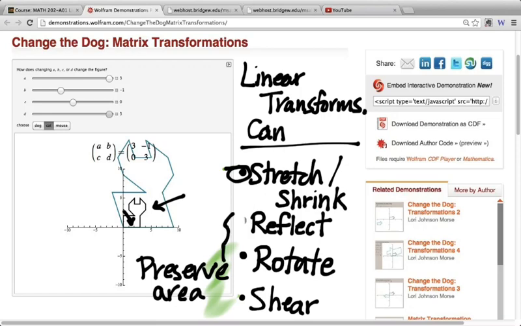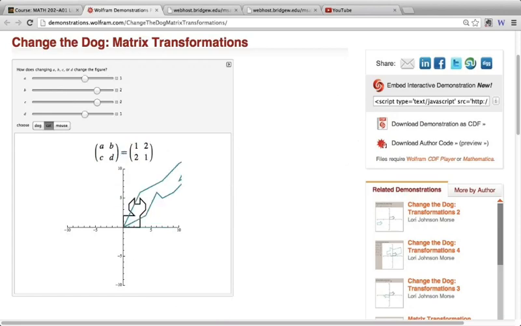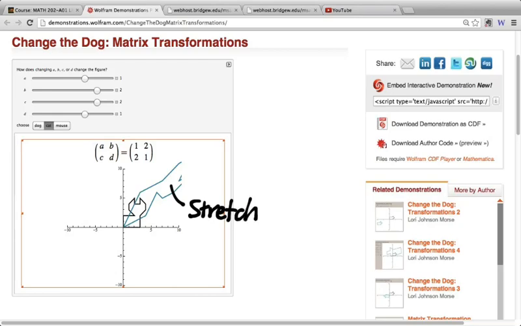Actually, reflecting also preserves area, doesn't it? So the only one of the things on this list that can change your area is stretching and shrinking. Which means, in this example that we were looking at right here, because our image is bigger than the original, there's got to at least be some kind of stretching going on here as well. And there's some kind of reflection in there for sure.